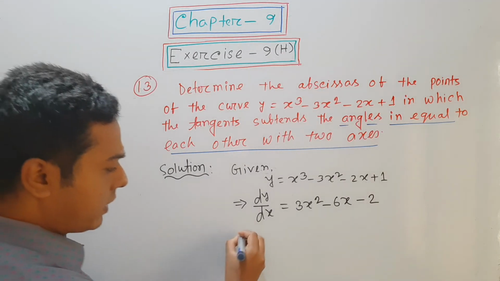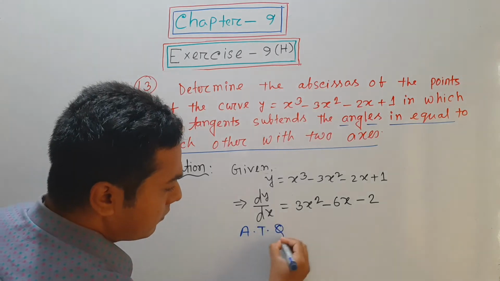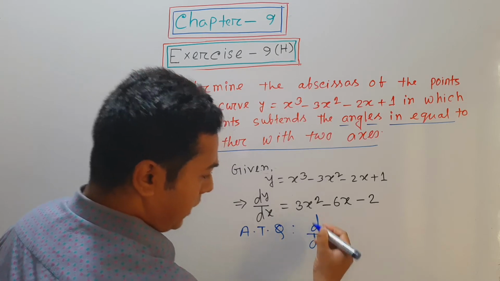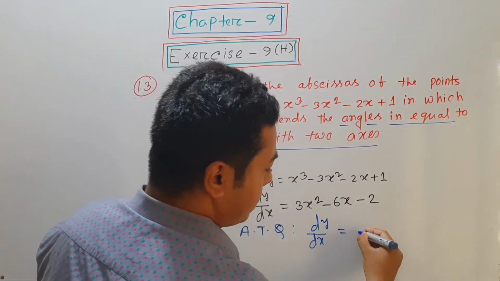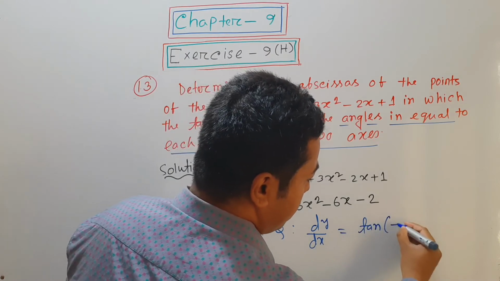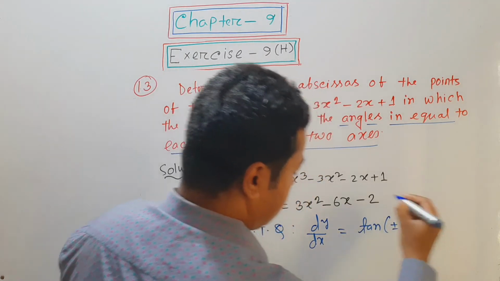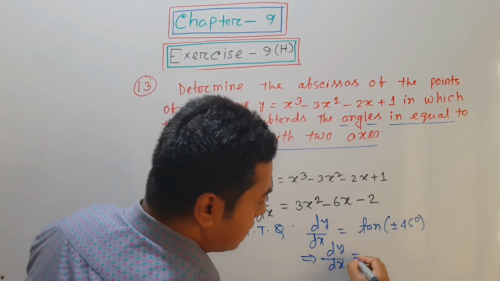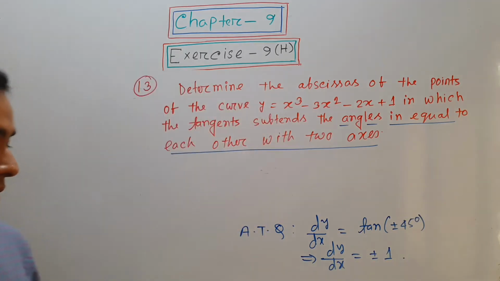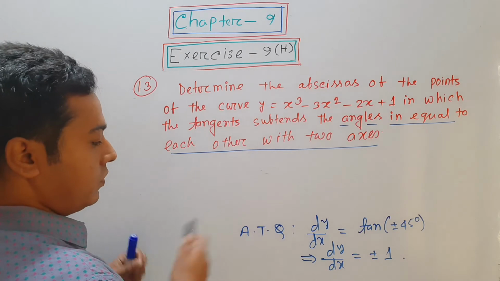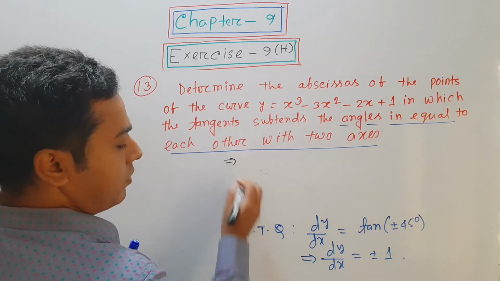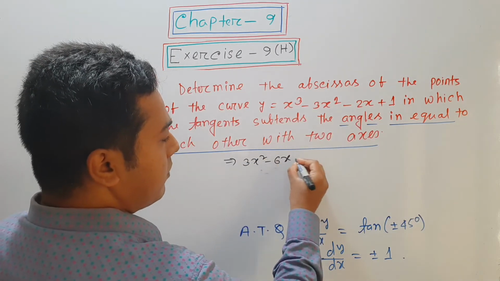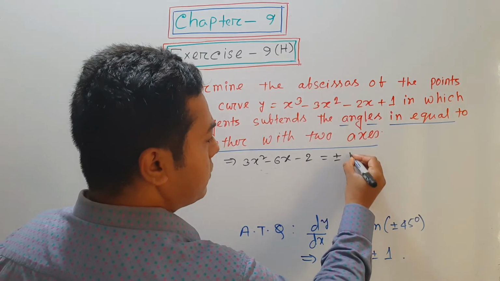So we can write according to the question d/dx of y is equal to tan of plus or minus 45 degrees, and d/dx of y is equal to plus or minus 1. So d/dx of y is equal to 3x square minus 6x minus 2, which is equal to plus or minus 1.